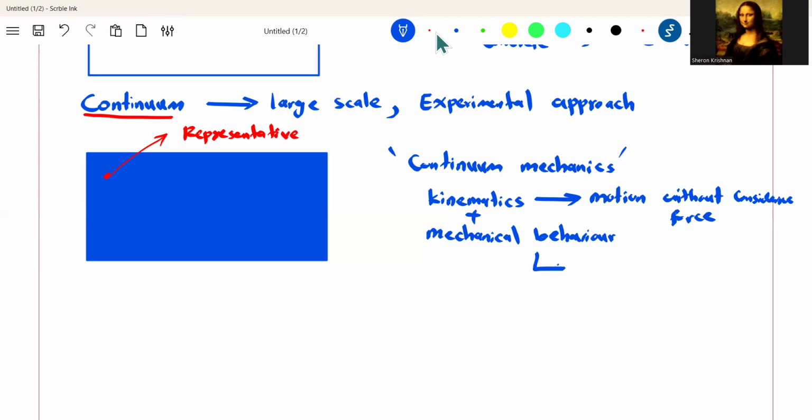What is mechanical behavior? Now the material behavior is subject to force, so with force. So without force, with force. Finally, we will come up with one general set of equations. By model we mean equations.